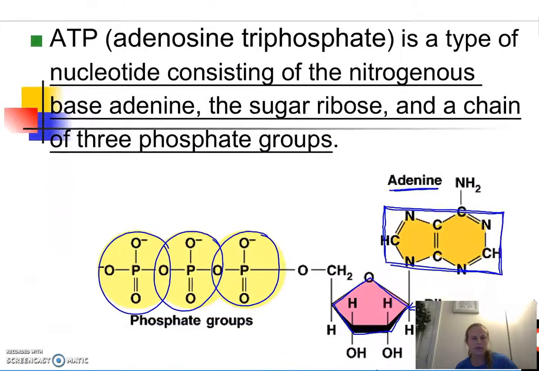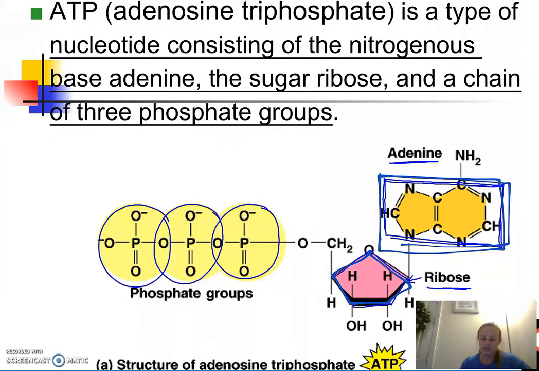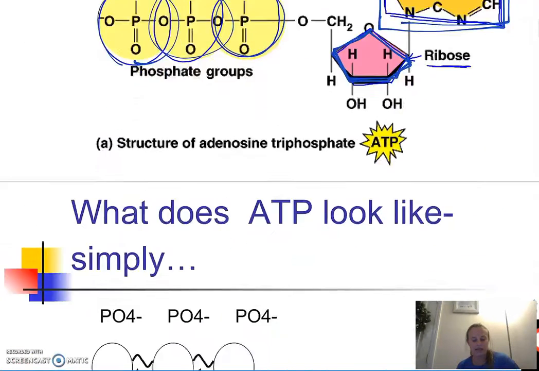Let's take a closer look at what ATP exactly is. It's adenosine triphosphate. It's a nucleotide containing adenine, the nitrogenous base, a five-carbon sugar, ribose, as well as one, two, three phosphates, where those phosphates are held together by high energy bonds.